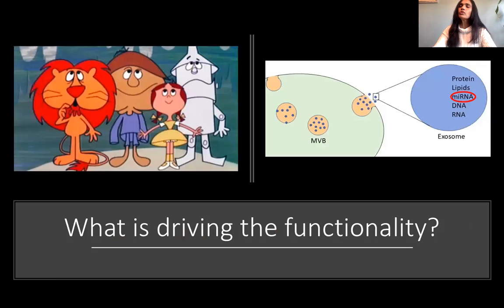This led us to think, what is the material inside the EV which is driving this functionality? We know that EVs contain proteins, lipids, microRNAs, DNA, and all these different things. Out of this, which factor is more important in rendering this functional significance?